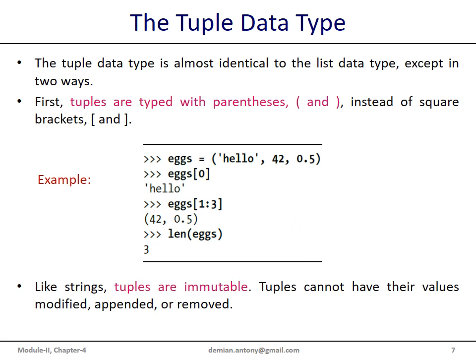One more difference is tuples are immutable, where lists are mutable. It means that the individual items present in a tuple cannot be modified, as well as you cannot append the elements, and you cannot delete the specific element present in a tuple.